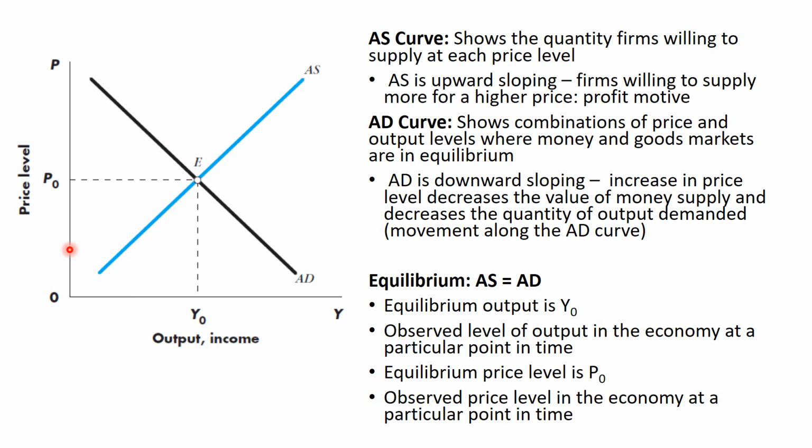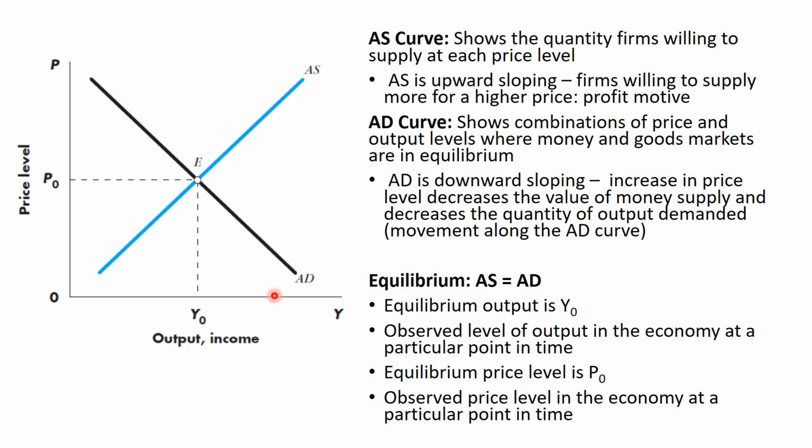Alternatively, when prices in the economy are low, the quantity of output demanded is going to be high. In other words, there is an inverse relationship between the quantity of output demanded and prices. As goods and services become more expensive and the price level rises, the quantity of those goods and services demanded in the economy will fall.